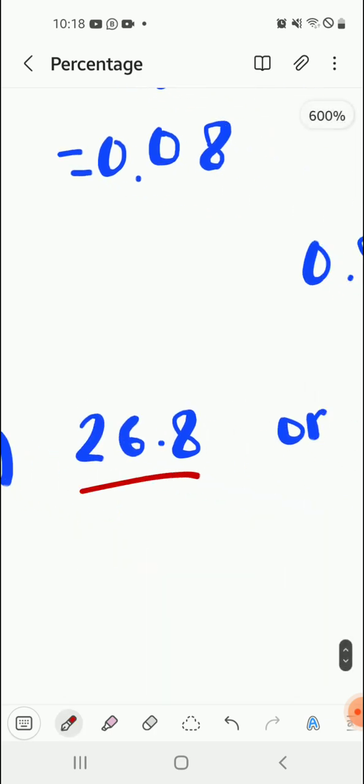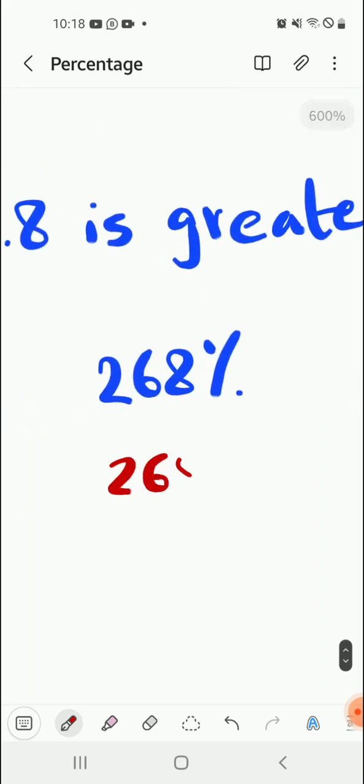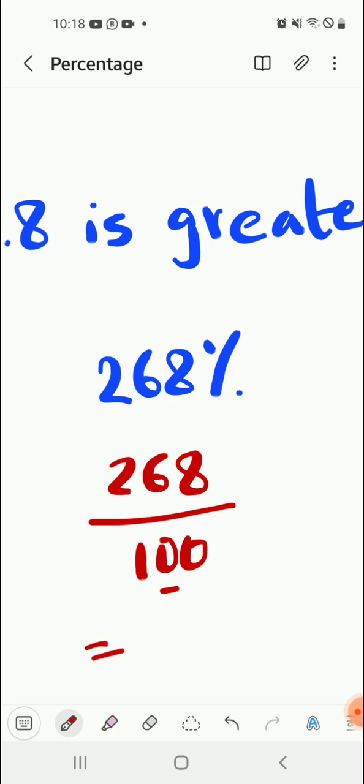This is given in decimal form. Only convert 268%. So this is 268 by 100. There are two zeros, so decimal places will be 2. So the decimal point will be inserted here. So 2.68 becomes my answer.